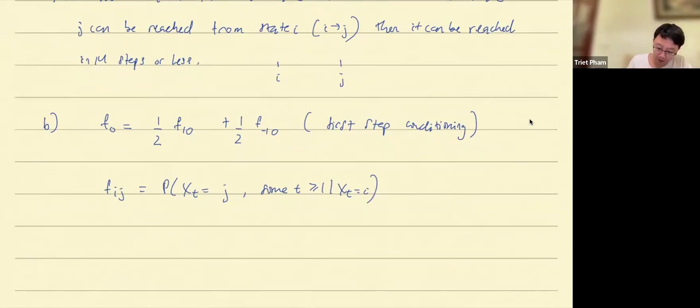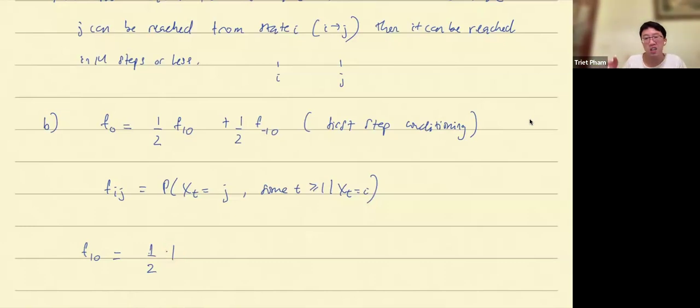Now let's analyze F10. Well, what do we know at state 1? Again, first step conditioning shows us what? You either take a step left with probability 1/2, and then you're there. So this is 1/2 times 1. The 1 here is not one step.